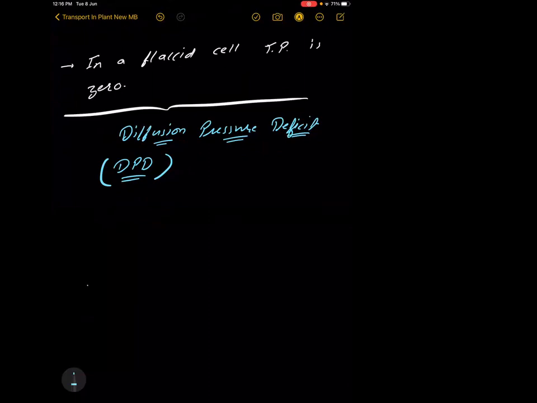Deficiency in diffusion pressure is called diffusion pressure deficit. Okay, a reduction in the diffusion pressure of water in the solution or in the cell.